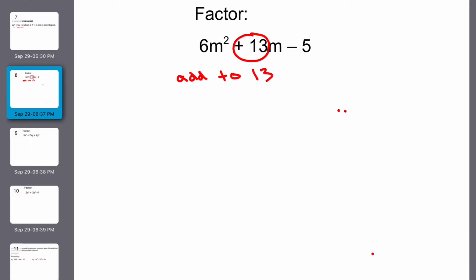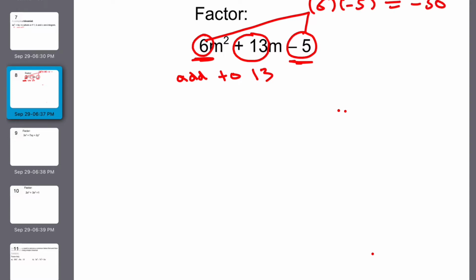We're actually going to multiply to whatever 6 times -5 is. We take the coefficient of the first term and the final constant, and we multiply them together. So 6 multiplied by -5, we get -30. So we want to multiply to -30 this time.